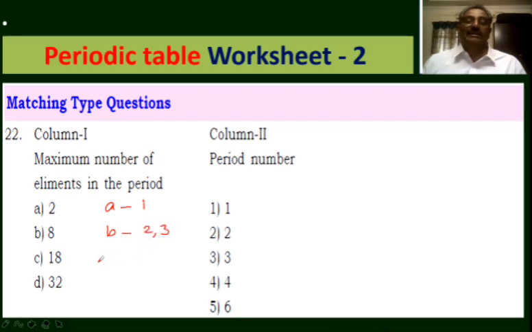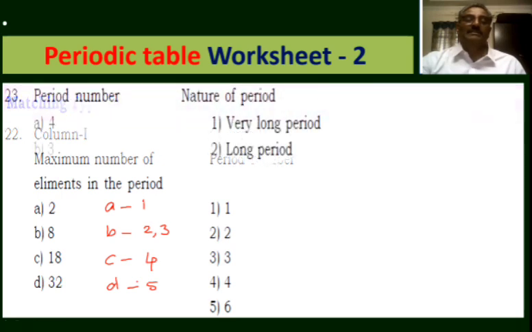So 2, 3 are to be matched to B. 18, C. 18 elements are present in the fourth period and fifth period, but 5 is not here. So C is to be matched to 4. 32 elements are present in the sixth period. That is, D is to be matched to 5. A1, B2, 3, C4 and D5 is the correct match.